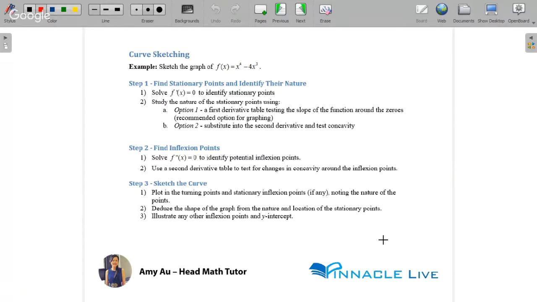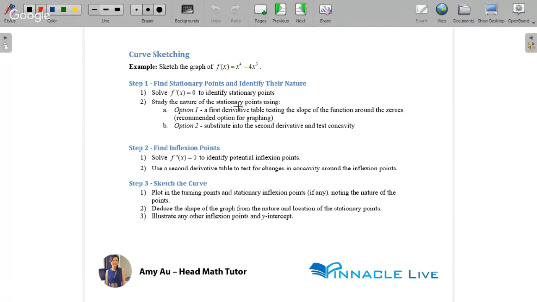Now, most exam questions will detail the steps, so they will say find the stationary points, determine the nature, find the inflection points, sketch the graph showing intercepts or whatever. They will guide you step by step, but it's good to know what steps are required to get to the sketch. So the first step is to find the first derivative and solve it to 0 so we can identify the stationary points.